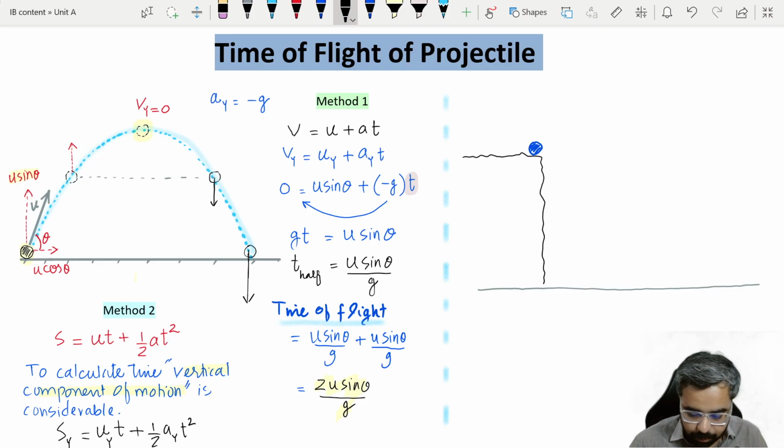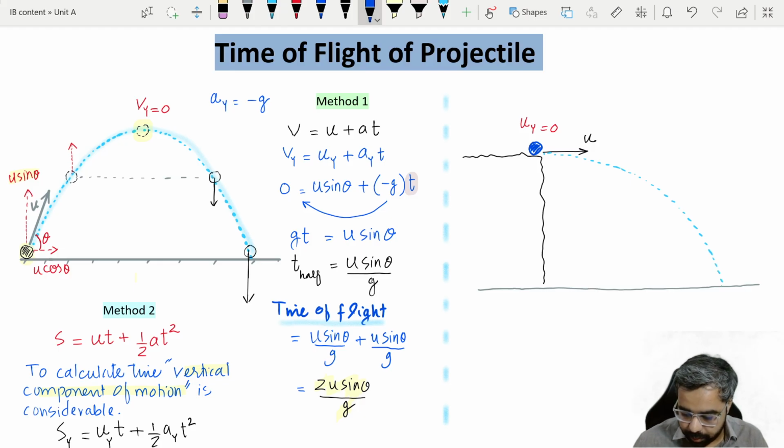If you have thrown the ball horizontally with some velocity, this u is your initial velocity, and there is no component along the y-axis because the ball is thrown horizontally. So once again, under the influence of gravity, the ball will move along this path.